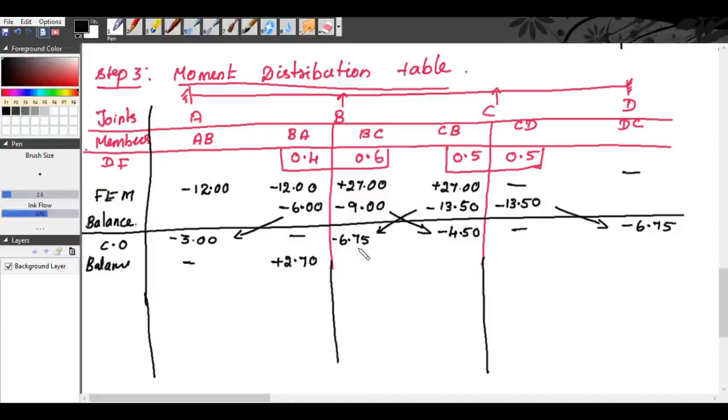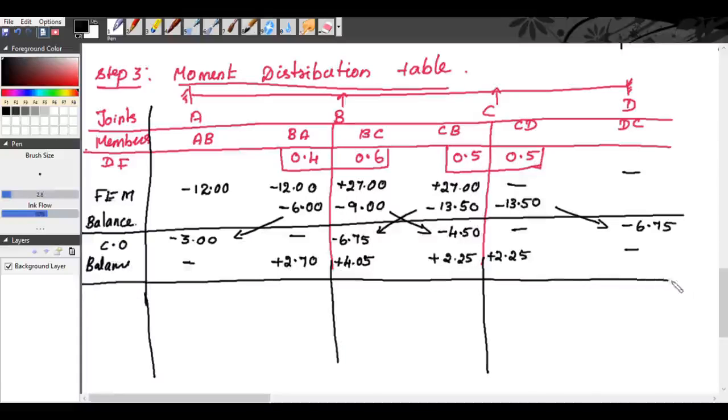Minus 6.75 multiplied by 0.6, we get minus 4.05. Balancing it is plus 4.05. Similarly, at joint C, it is minus 4.50 multiplied by 0.5, we get minus 2.25. Balancing it is plus 2.25. Here also the same value, plus 2.25. At fixed support, there is no balancing, right?